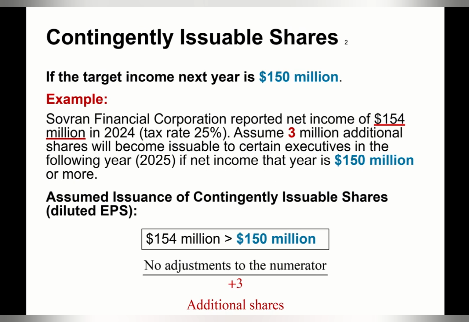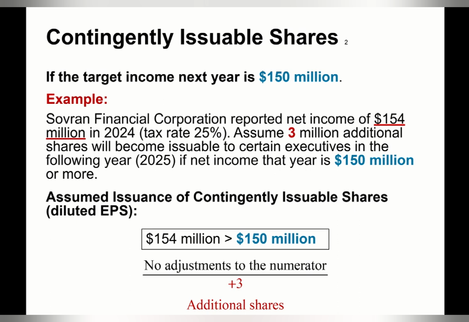let's see the example. Sovereign Financial Corporation reported net income of $154 million in 24, tax rate 25%. Assume 3 million additional shares will become issuable to certain executives in the following year, 25, if net income that year is $150 million or more.